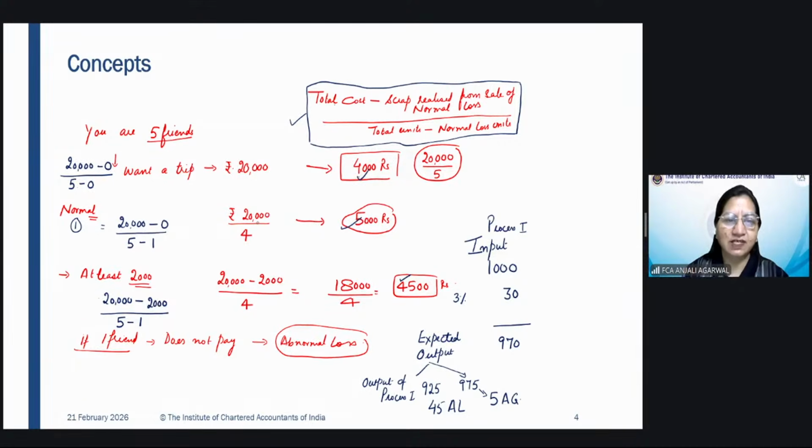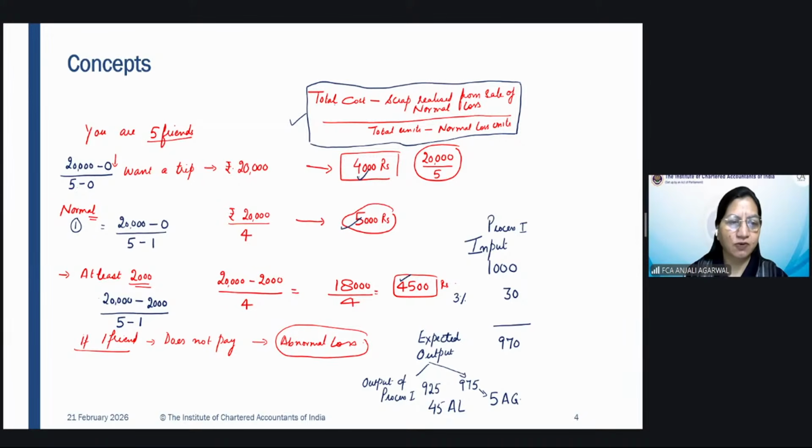But then if he says, I will still contribute something, it's not that I'm not going to give you anything. And he says, I'll not give 4,000, but I can give 50%. So he says, I'm ready to give 2,000. So whatever is realized from sale of normal loss should be subtracted from the total cost.